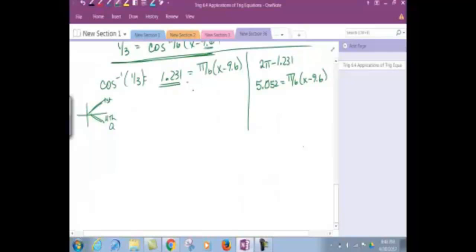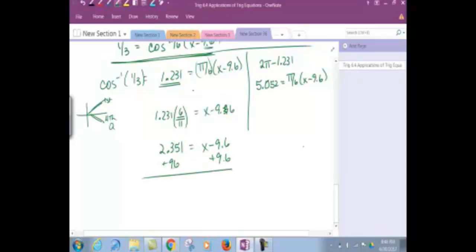All right, so from here we're simply going to multiply by the reciprocal, so 1.231 times 6 over pi gives me 2.351, and that's equal to x minus 9.6. And so, like I said, the last step is going to be to add that 9.6.